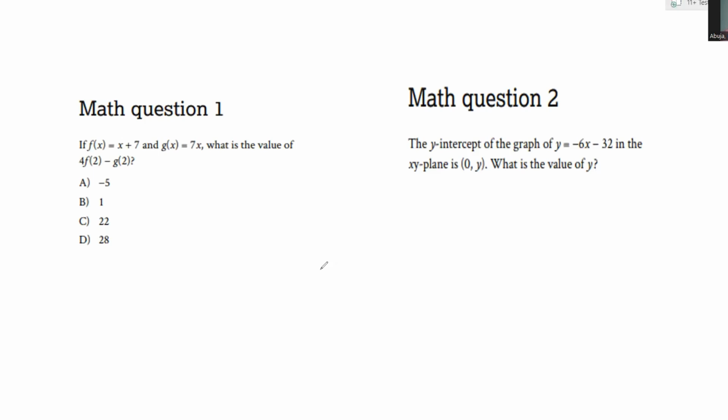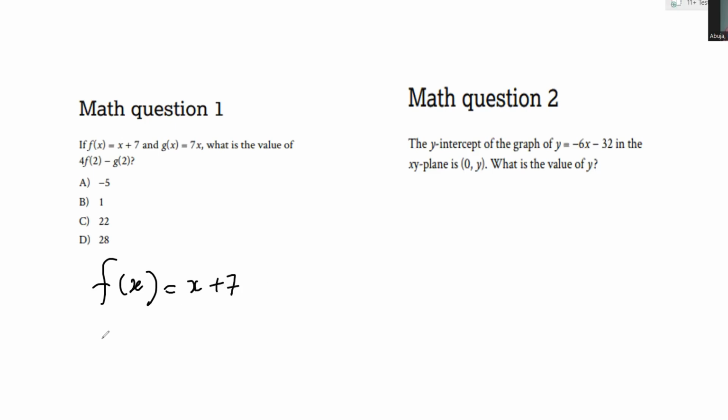All right, so let's jump right into it. So the first question here is, we're given the function f of x to be equal to x plus 7.